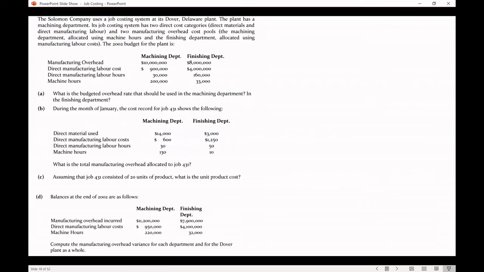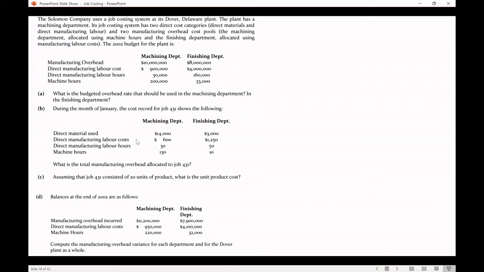Because this question is based upon job 431, this information here is the cost record for job 431. So in order to find materials and labor, etc., we can use this information. Job 431 went through both the machining and the finishing department. So in terms of our materials and our labor and all the other elements, you'd have to take that from both departments.